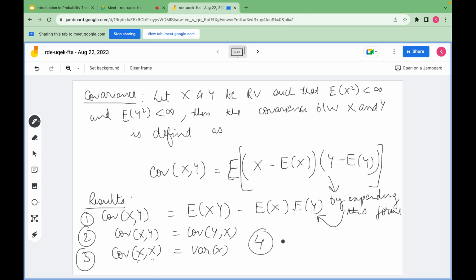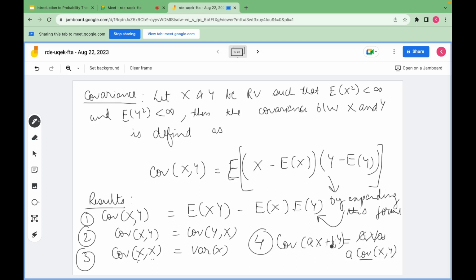And the fourth result is that the covariance of aX plus b comma Y is a into covariance of X comma Y. So if instead of X we take aX plus b, where a and b are constants, then the a will come outside and we just find the covariance of X comma Y. And b is a constant, so its covariance with respect to Y is 0.